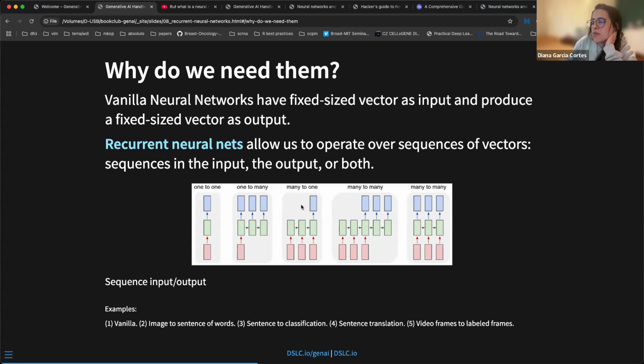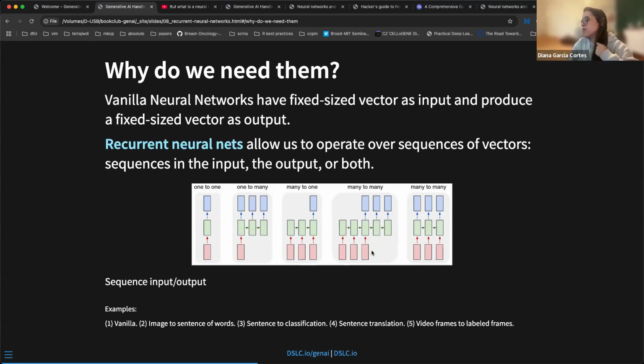If we have the other direction, many inputs but only one output, that could be the problem of having to classify a sentence with many words and assign only one classification for the entire sentence.